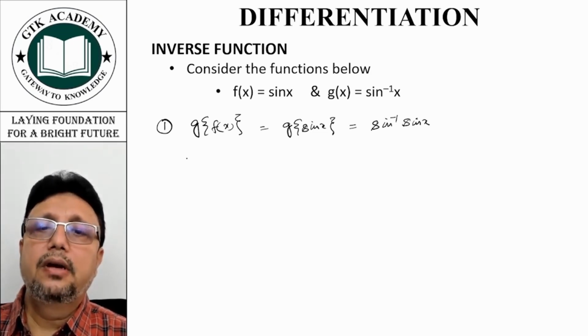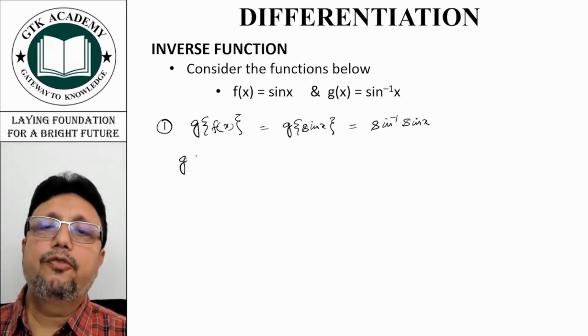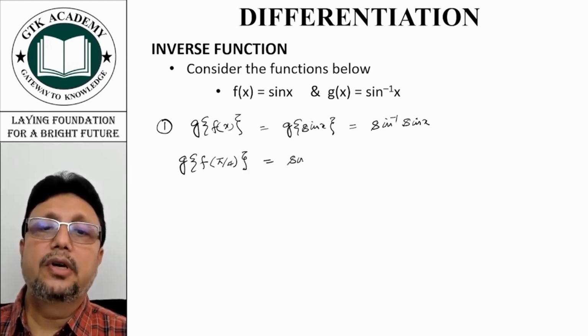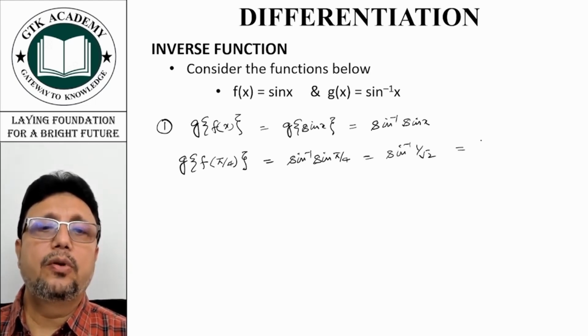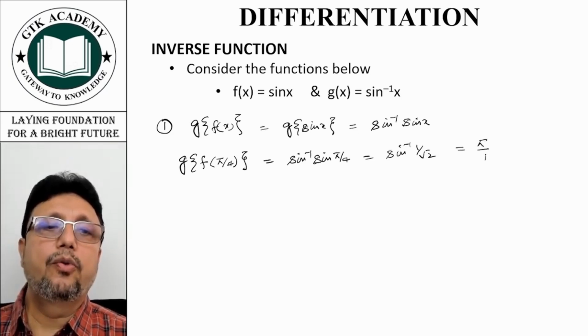Now put any value here. For example, say it is pi by 4. This is equal to sine inverse sine pi by 4, which is equal to sine inverse 1 by root 2, which again is equal to pi by 4.